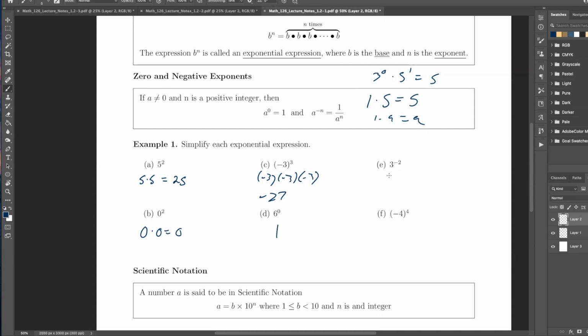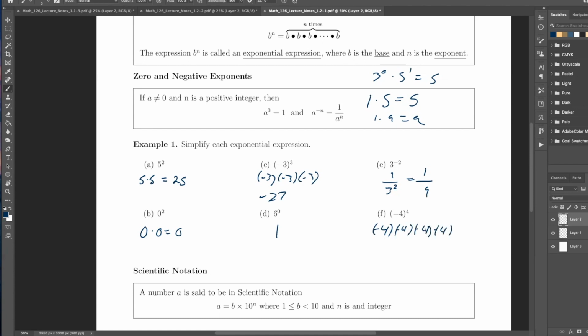6 raised to the 0 power is 0 sixes, so that's 1, and the reason is explained up here. 3 to the minus 2 power is equal to 1 over 3 squared, which we can simplify to 1 over 9. Then here, if I have negative 4 to the 4th power, this is minus 4 times minus 4 times minus 4 times minus 4.